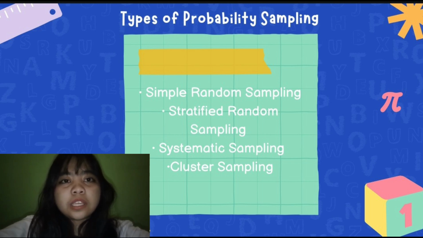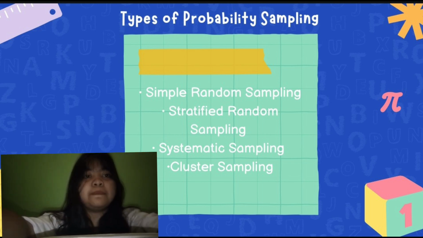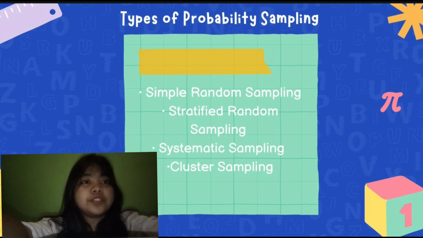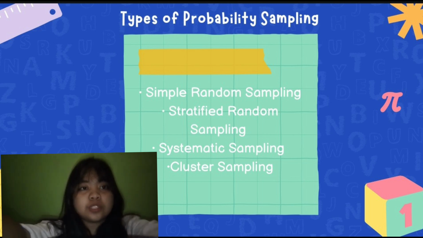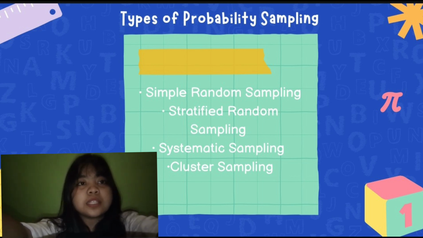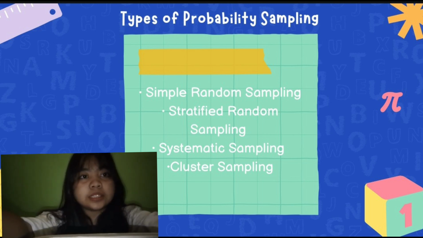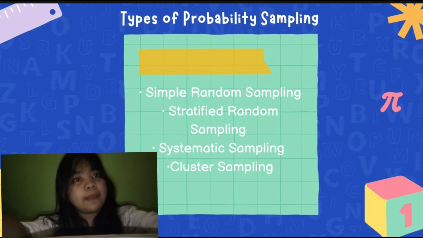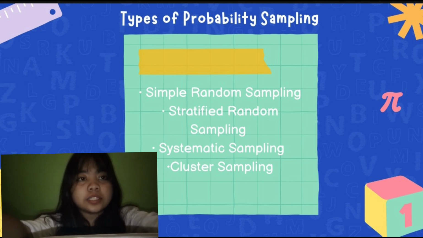For example, if the population consists of 1,000 individuals, each person has a 1 in 1,000 chance of being chosen. Stratified sampling. The population is divided into subgroups, or strata, based on specific characteristics, for example, age and gender, and random samples are drawn from each stratum.